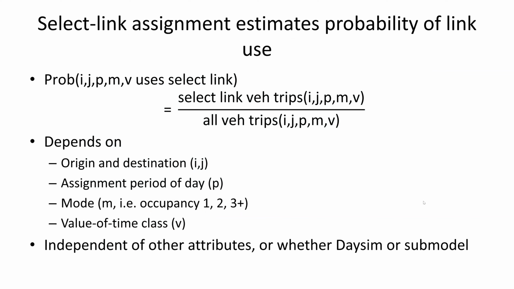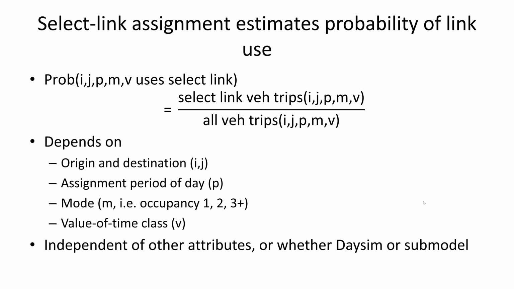If you pick a link, do a select link analysis, and save each of the select link trip tables, that portion of the overall trip table that uses the particular link, and you save all of these separately, well, now you can get a quotient which estimates the probability that this particular origin, destination, period, occupancy, and value of time class will use that link.